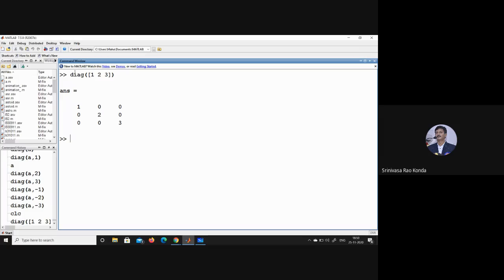If it is a vector, it creates a matrix. Suppose DIAG of A. It displays the diagonal elements of A, since A is a matrix. If we give DIAG of a vector, it will create a matrix. That's it. Okay.